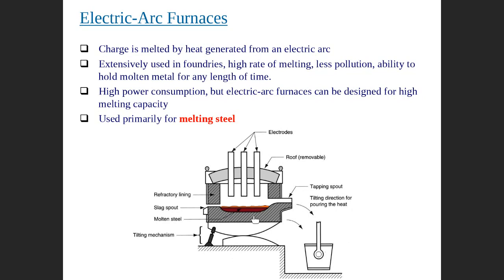Charging and discharging of electricity happen here. When discharging happens, the electrical energy is changed to thermal energy. Then the temperature increases up to the melting temperature of the metal, and when you complete, it will become liquid.